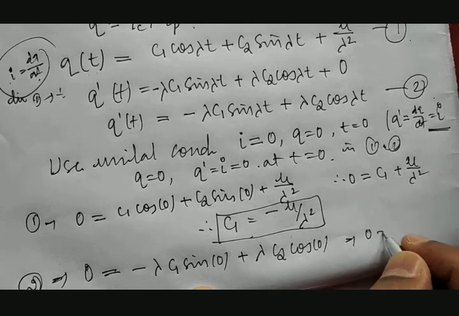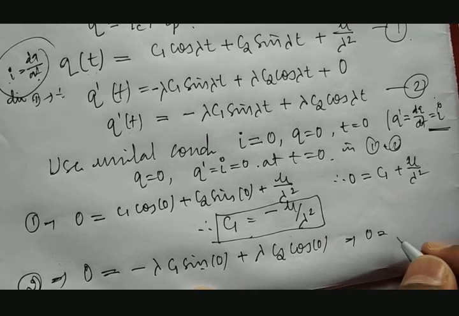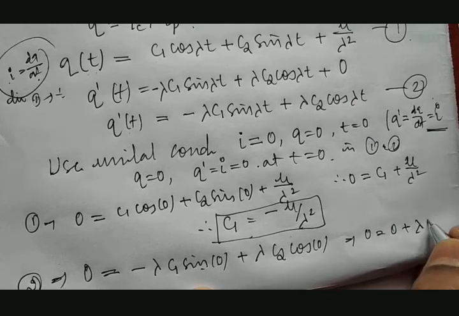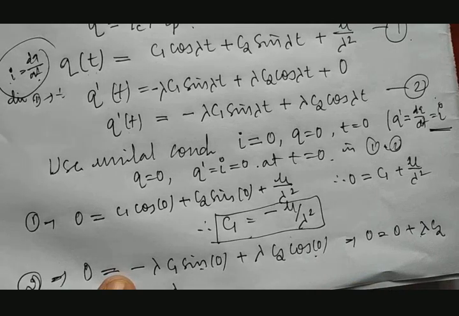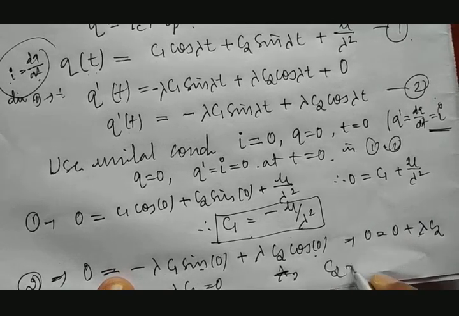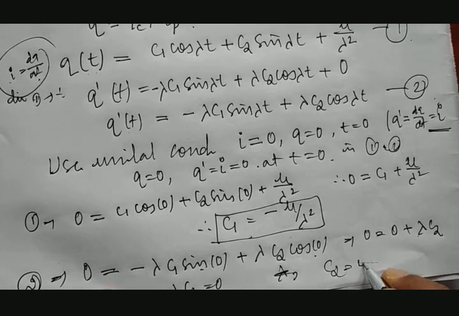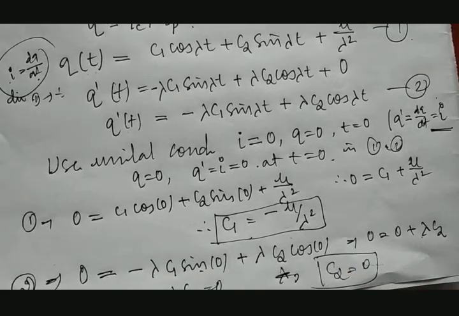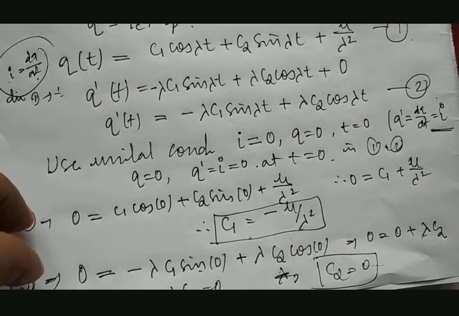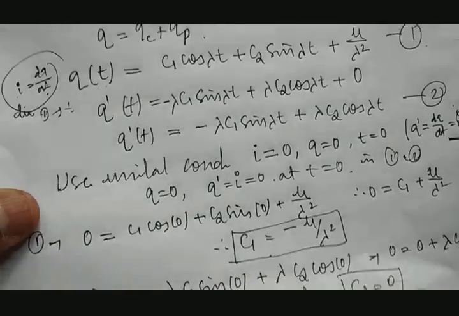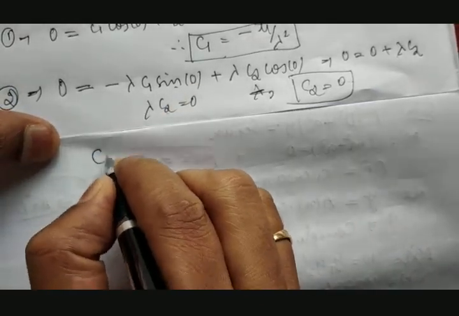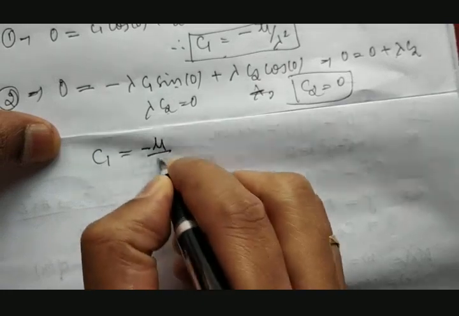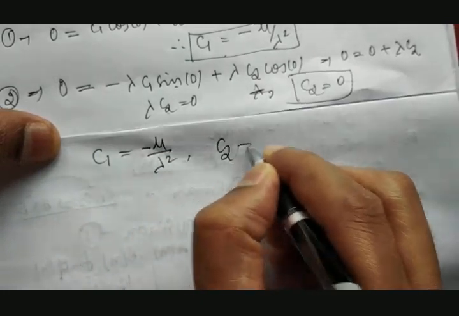You can see sin 0 is 0, plus lambda into C2, cos 0 is 1. Therefore lambda C2 is equal to 0. Therefore C2 is equal to 0. Therefore we got two results: C1 is equal to minus mu by lambda square and C2 is equal to 0.